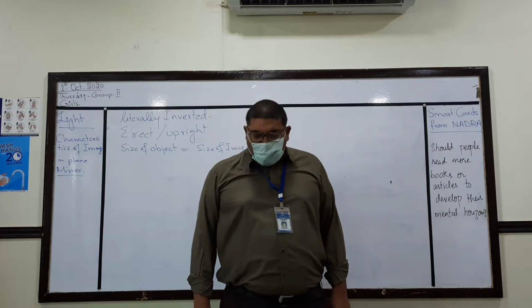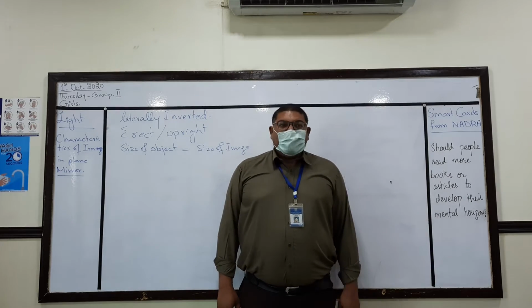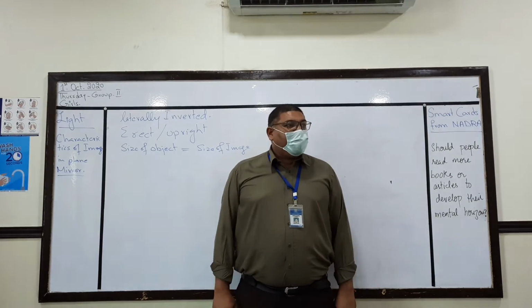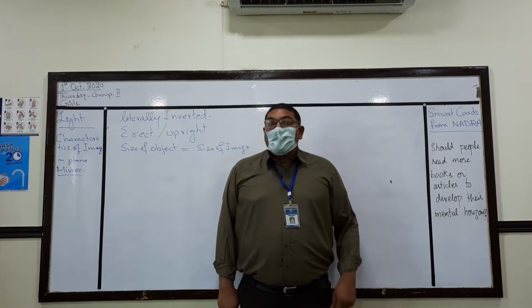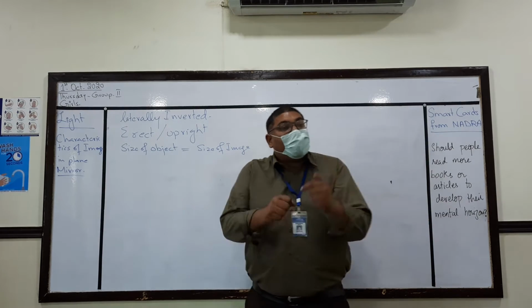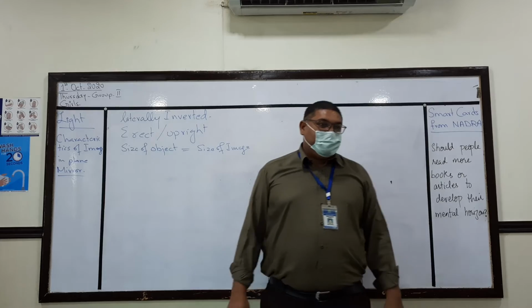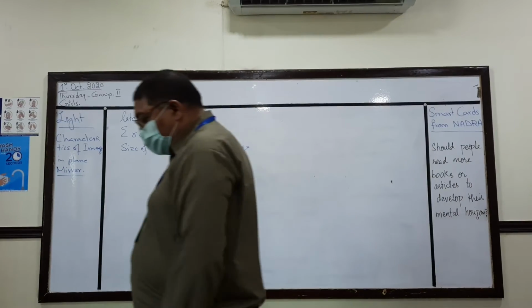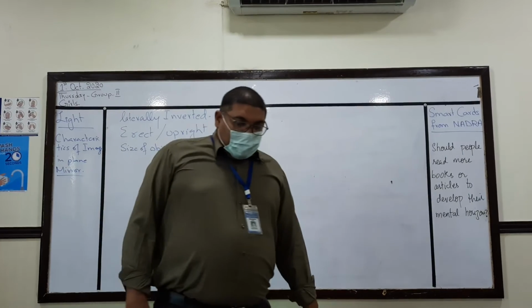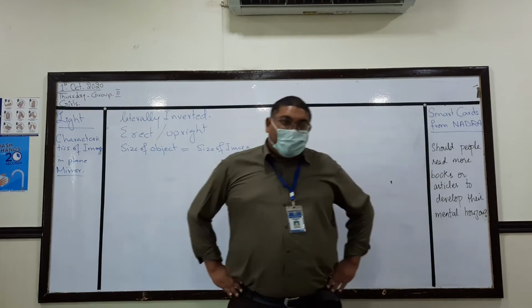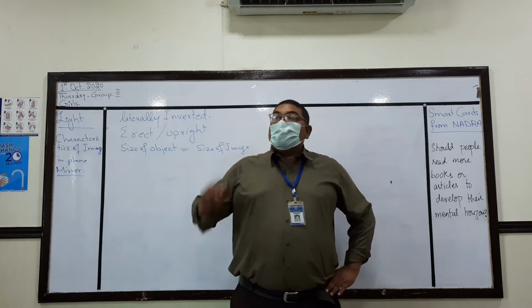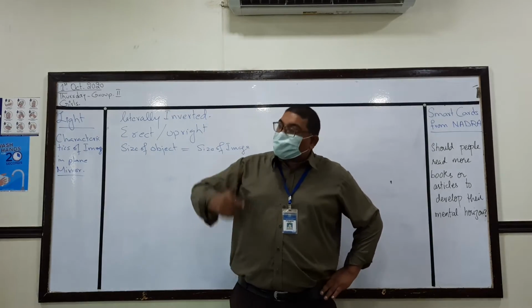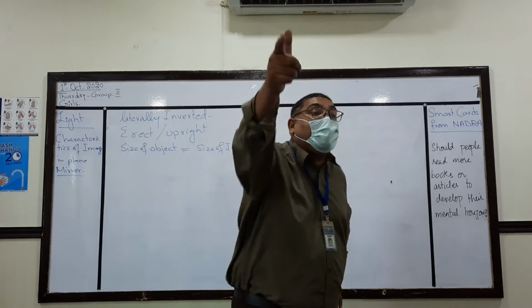If you move further backward, suppose I am at 4 feet from the mirror, my image will also be 4 feet behind the mirror. If I am 5 feet from the mirror, the image will also be 5 feet behind the mirror.